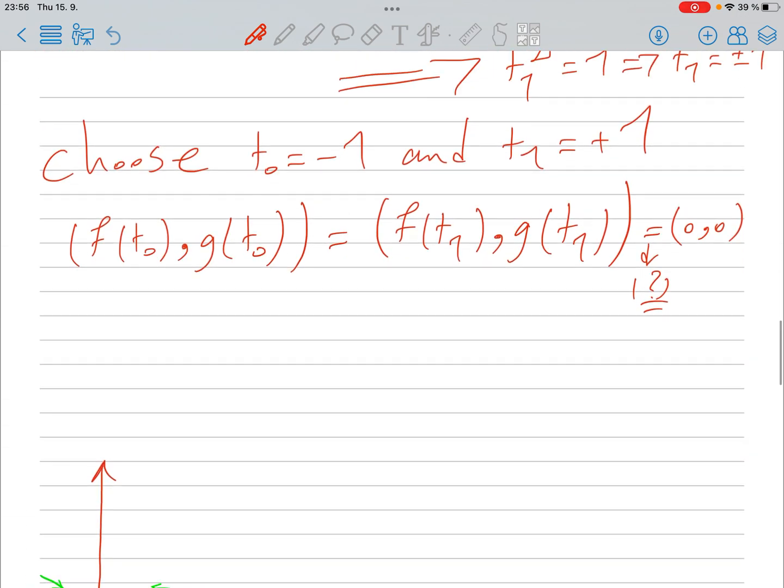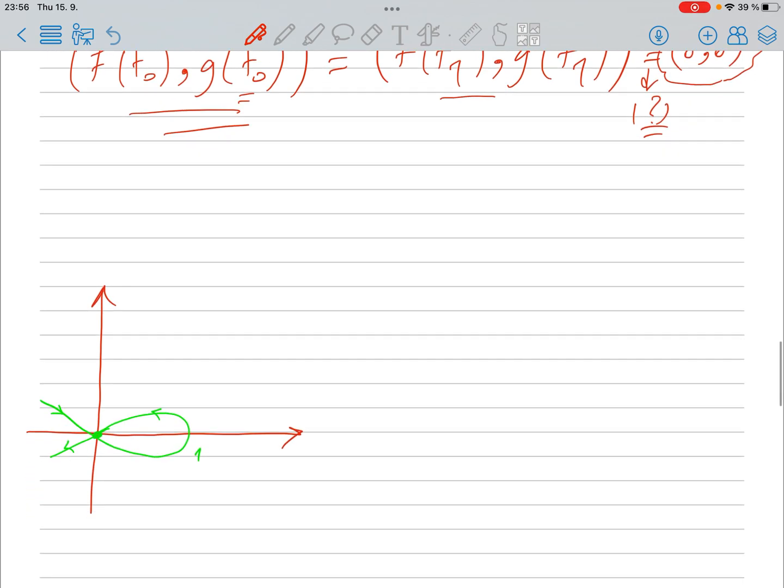So therefore t0 is not equal to t1, because t0 is equal to minus 1 and t1 is equal to positive 1. But the location of the particle at t0 and t1 is the same.